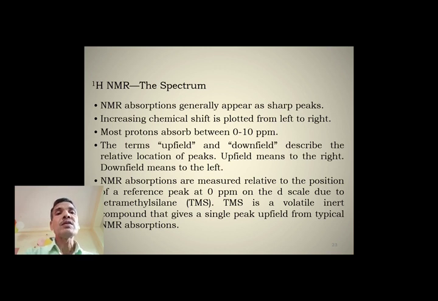Most protons absorb radio frequencies between 0 to 10 ppm in all types of compounds. The terms upfield and downfield describe the relative location of peaks. Upfield means the right side of the NMR spectrum, while downfield means the left side of the NMR spectrum.